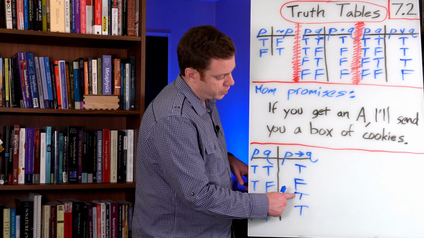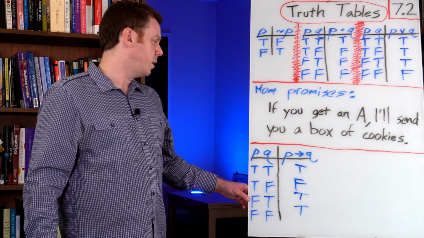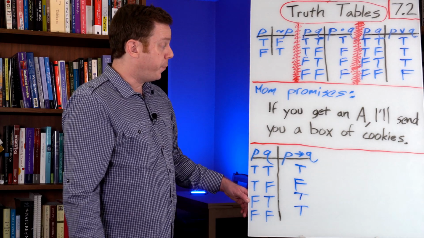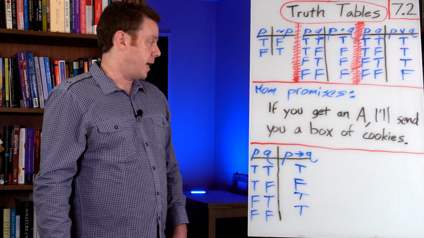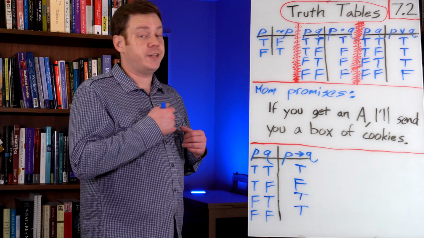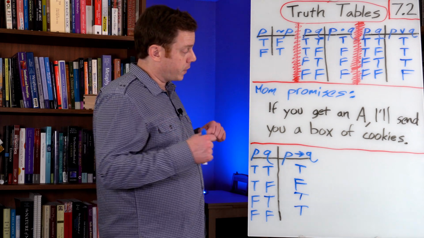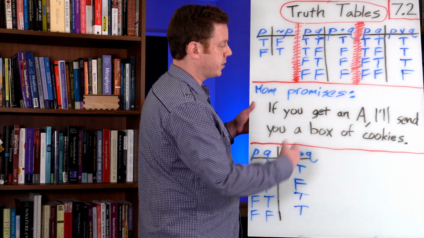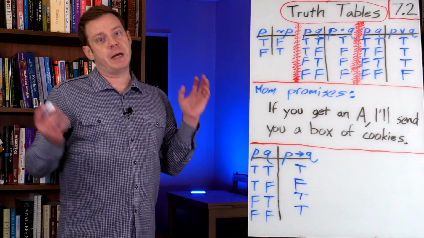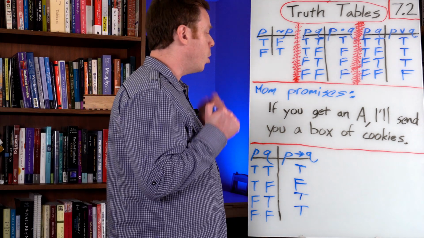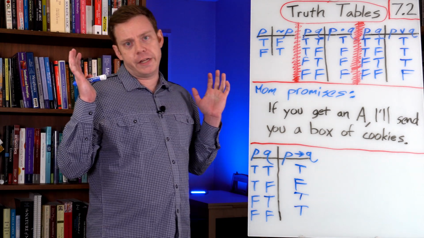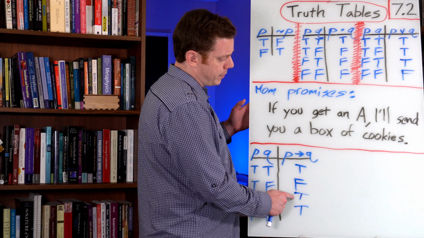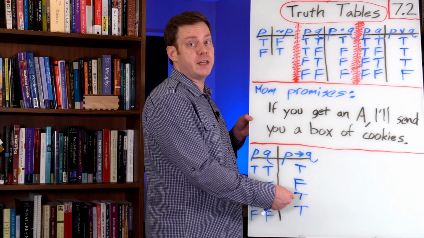Because mom didn't break her promise. What about on this row number 3? Say you don't get the A, so it's false that you get the A, but mom's real nice and she sends you cookies anyways, right? She went above and beyond. Well, did she break her promise? No, she didn't say anything about what would happen if you don't get an A. She's still free to send you cookies if she wants to. So she didn't break her promise. So we'll mark that if-then as true.